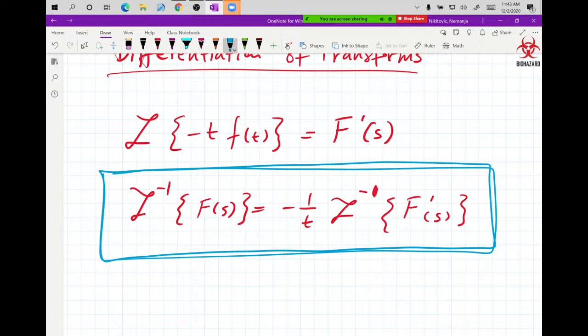But the inverse is the one that is annoying and takes time and you have to bleed over it. So any formula that helps you with the inverse Laplace is really, really good.